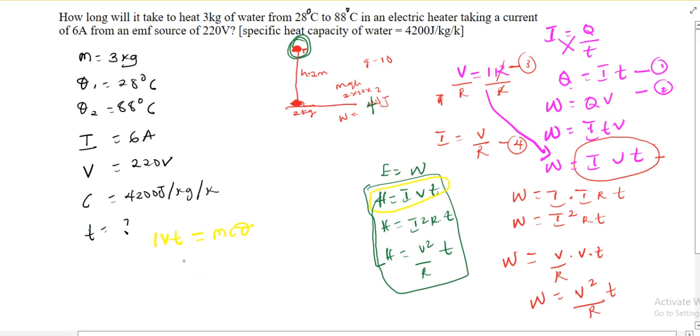Our I is 6 amperes multiplied by V, 220, and t is unknown. Our mass is 3 kg, c is 4200, and the change in theta is 88 minus 28, that is 60.